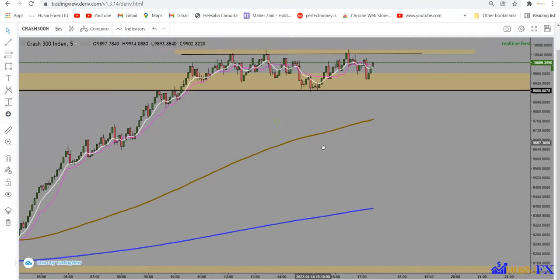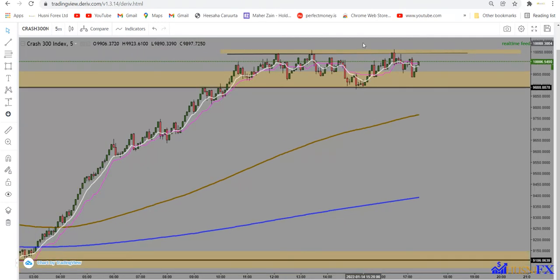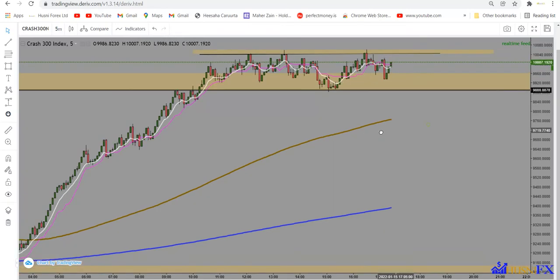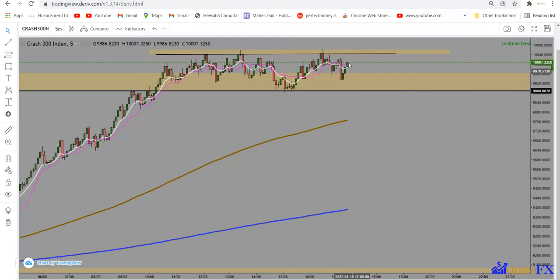So we can trade between these zones, which is the confirmation of the break up or breakdown, because we know that the market has a potential push at the higher time frame.